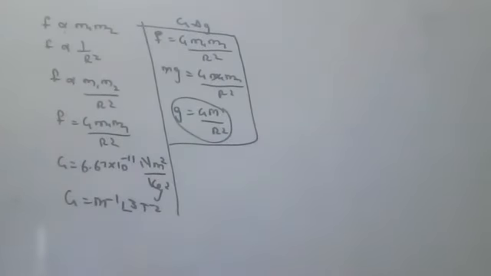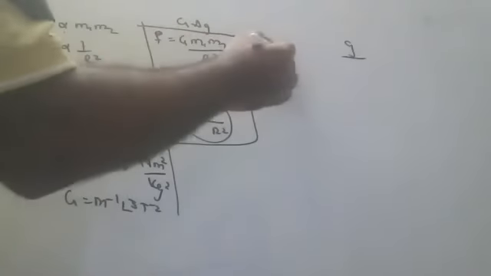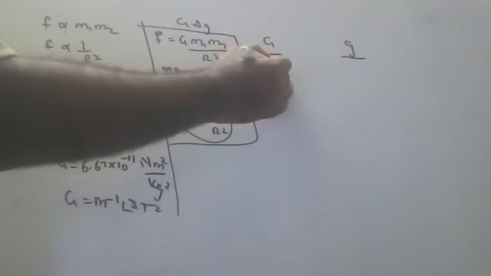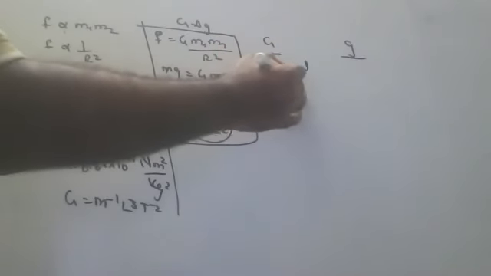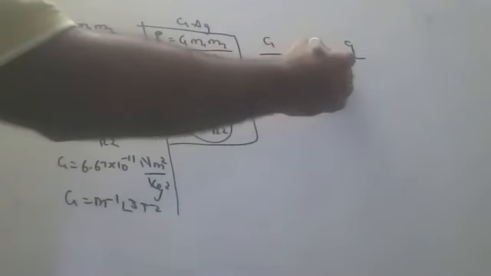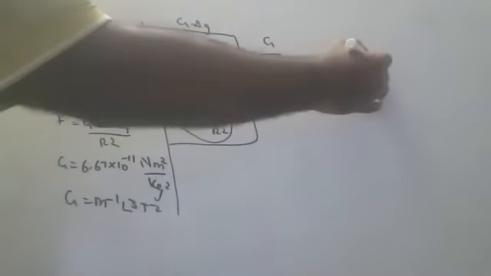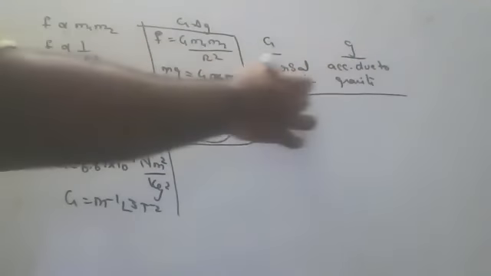Now, what is the difference between small g and big G? All of you should concentrate here, children. Big G is called the universal gravitational constant. Small g is called acceleration due to gravity. This is the first difference.